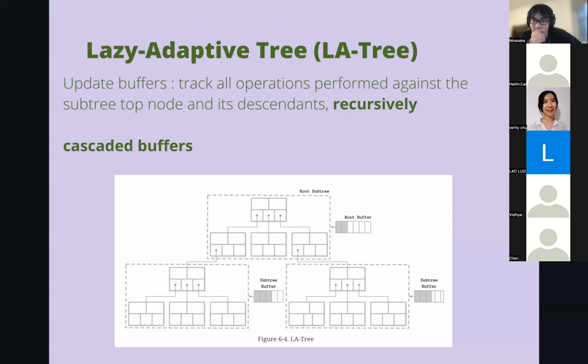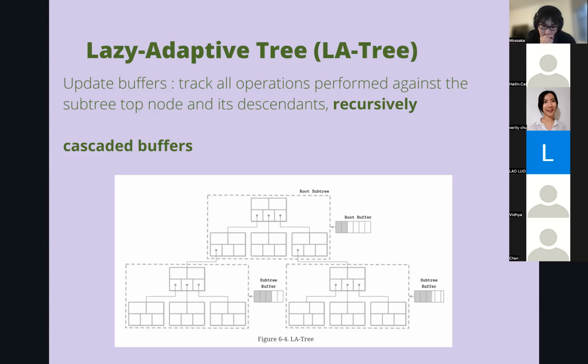One is a root buffer for the root subtree, and then there are two child subtrees, and each of these child subtrees has its corresponding subtree buffer. So our buffering is no longer just on individual nodes that we have to keep track of respectively. We are trying to do this kind of batching of updates. And whenever an update happens, it will be done in a recursive and cascading manner. So in this graph, you can see in the gray box, right?